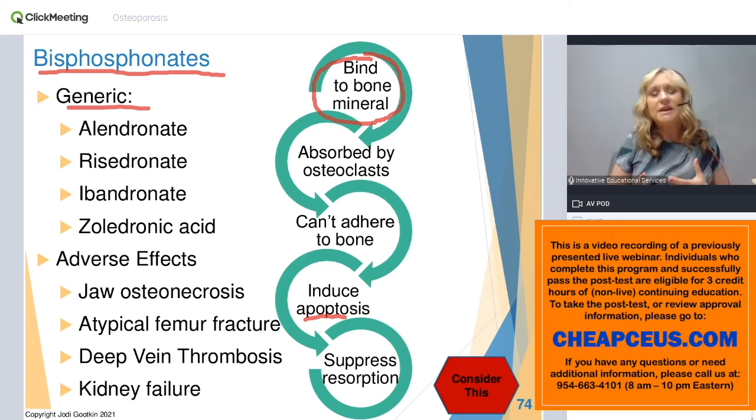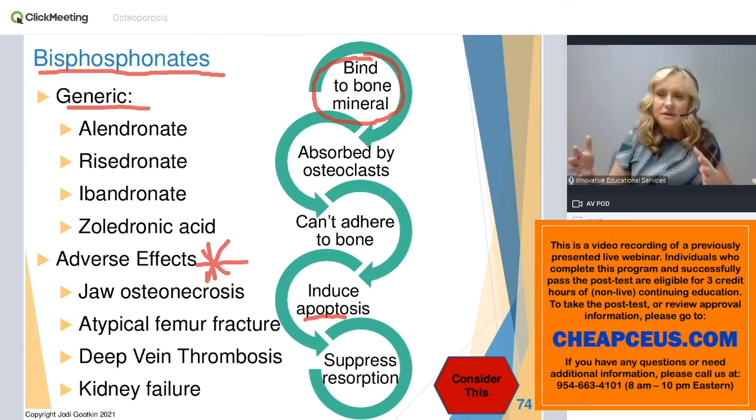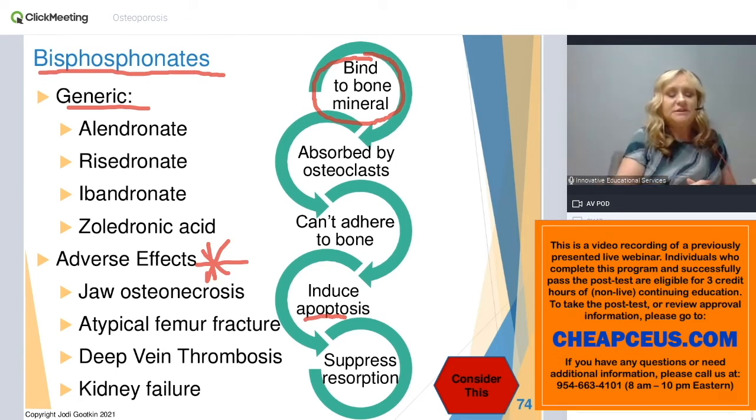What they're finding, and the current recommendation, is that patients on bisphosphonates need to take a holiday from it because of the significant adverse effects that can occur. By taking that holiday, the research says that they still have 3 to 5 years of protective benefits from this medication because it's now become part of the matrix, and the FDA recommends that holiday to help decrease some of these potential adverse effects.